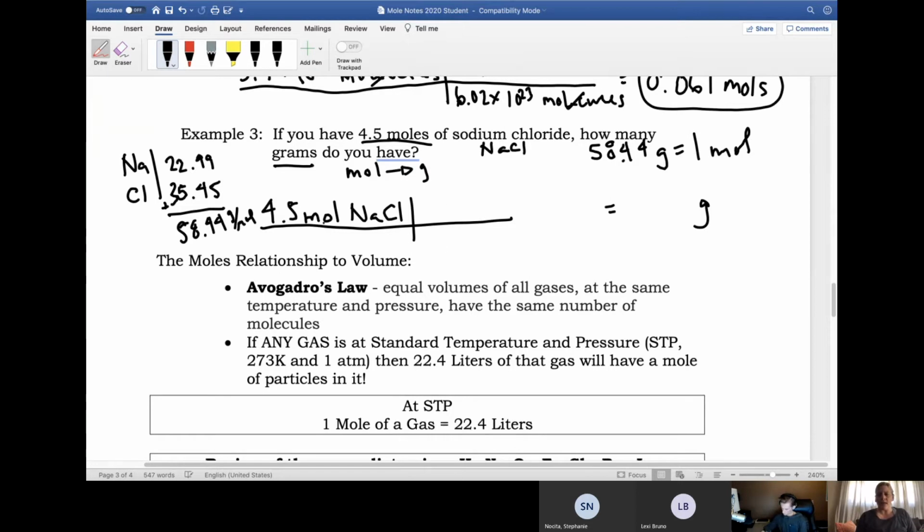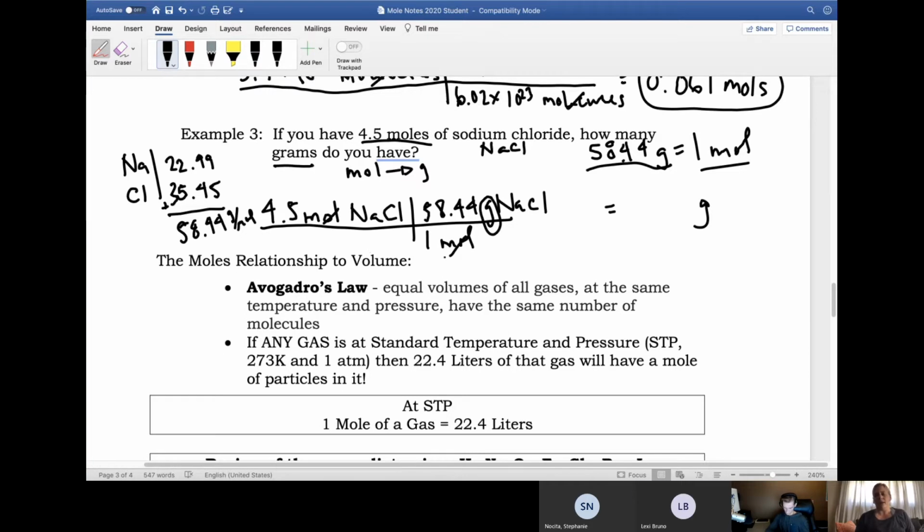So if I have moles on top, kids, what has to be on the bottom? Your choice is the 58.44 or the 1 mole. Which one is going to go on the bottom? The 1. It has to be because I need kitty corners to cancel. So that cancels out, and then I'm going to put the molar mass on the top. If you have the unit you want in the upper right when you're done and everything else cancels out, you know you've done it right.